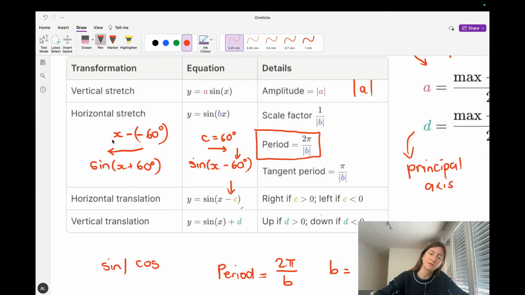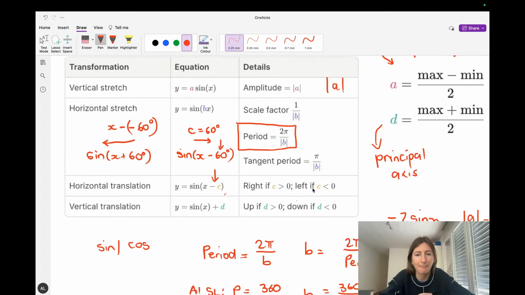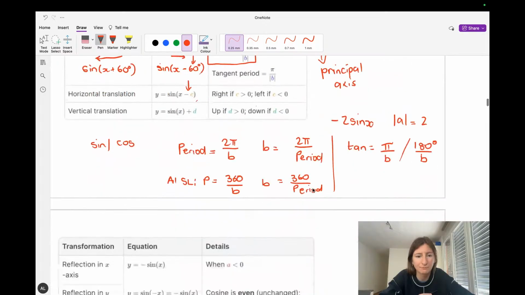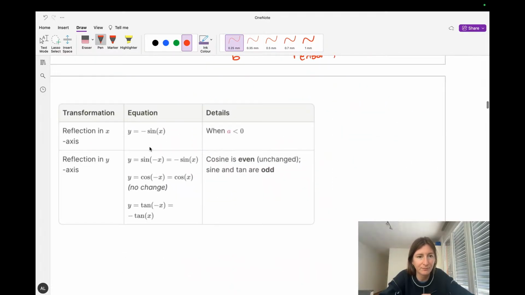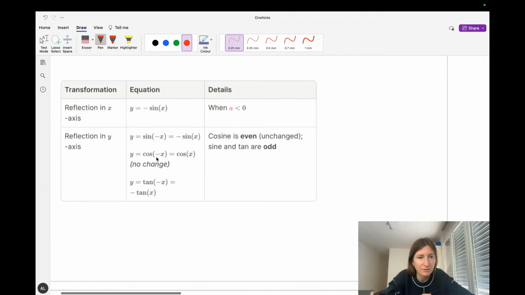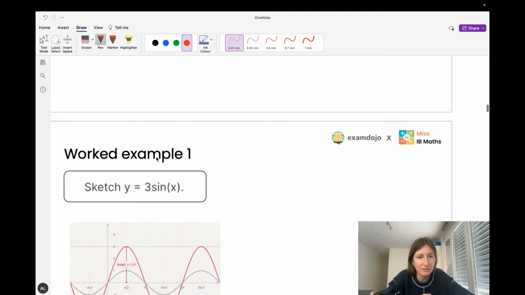That's going to be to the left, whereas the other one is to the right. So we just have to remember it's that opposite sign. Anything else? We can get reflections, but we're not going to spend too much time on that.